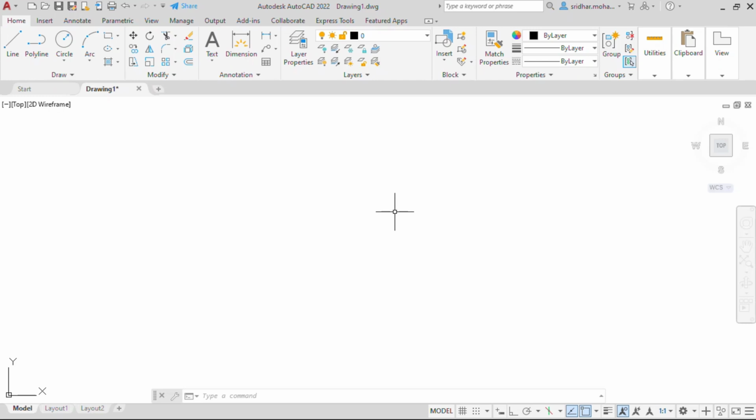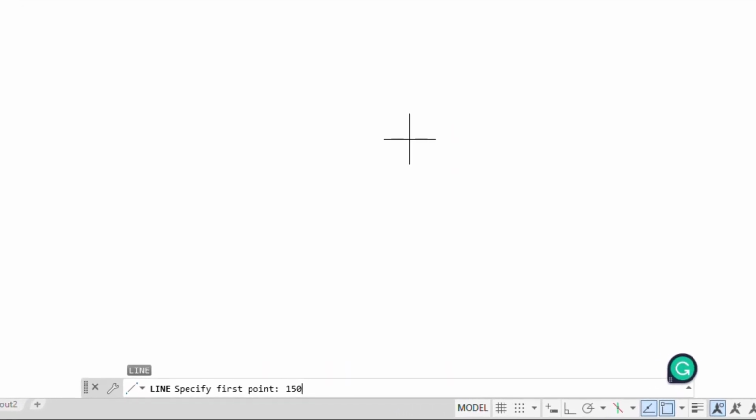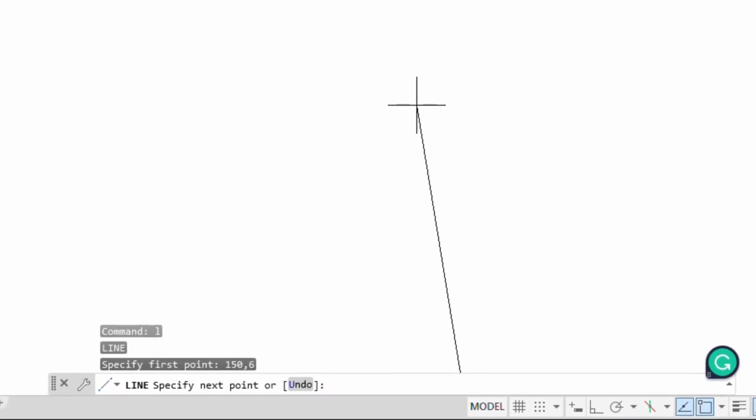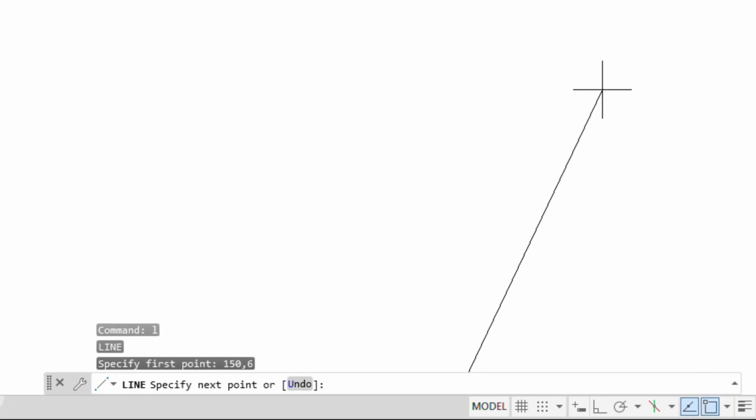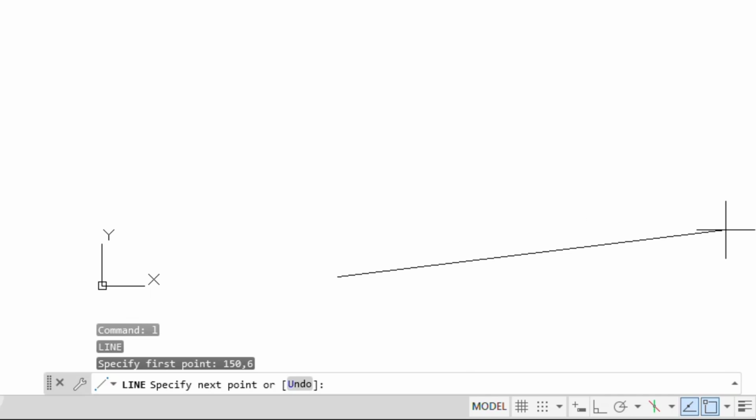Now we start our exercise. So now I press just L, enter. AutoCAD asks us to specify the first point. The first point we already discussed, 150, 60. This is not visible, just roll your mouse wheel. Okay. So this is my starting point.